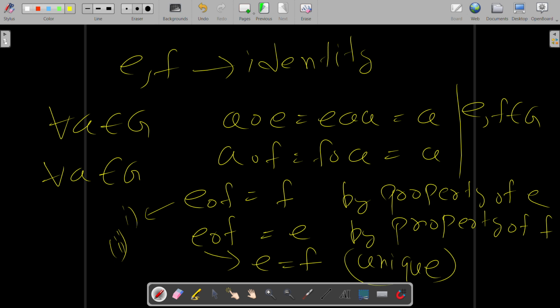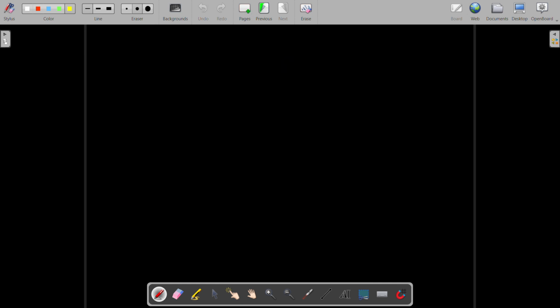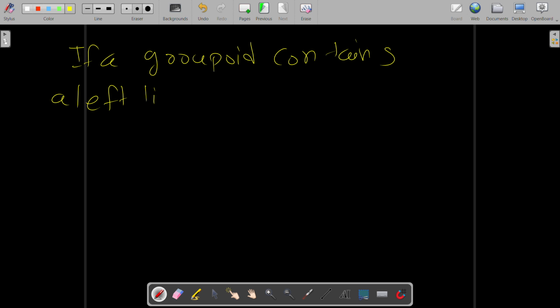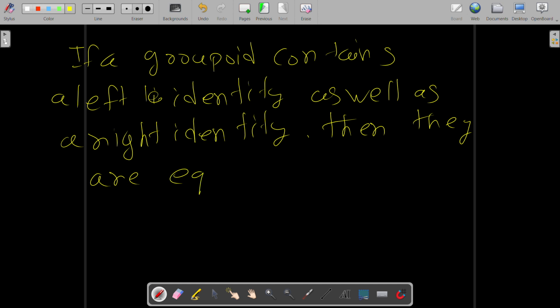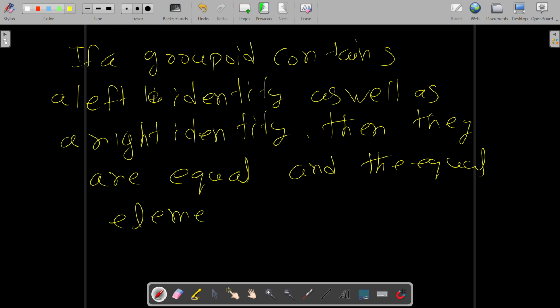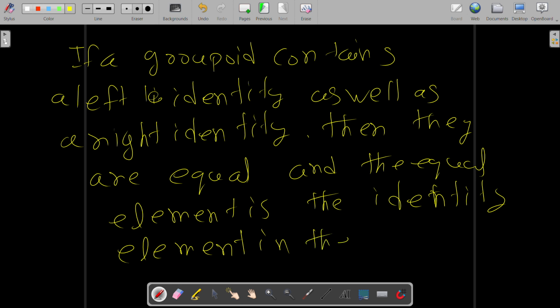Next, there is another proof. The statement says that you have to prove that if a groupoid contains a left identity as well as a right identity, then they are equal, and the equal element is the identity element of the groupoid.